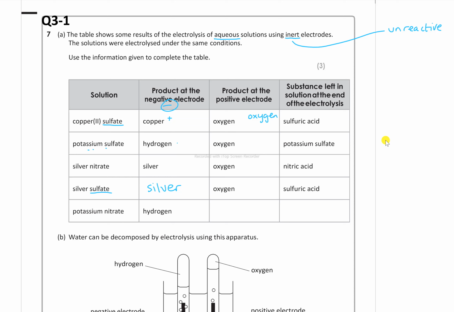Potassium nitrate, you get hydrogen, you're going to get oxygen because it's aqueous. So hydrogen's gone, so you're going to end up with potassium nitrate, same thing.